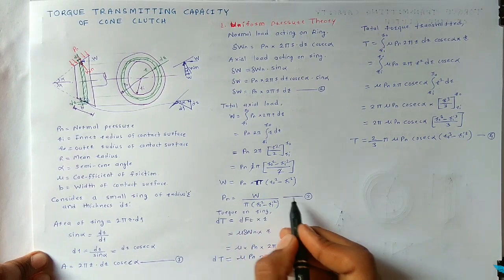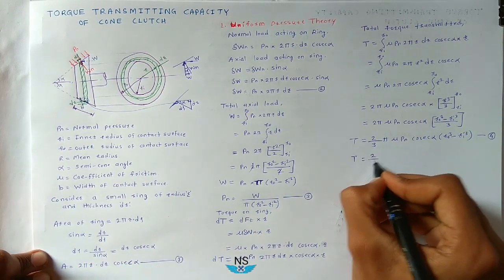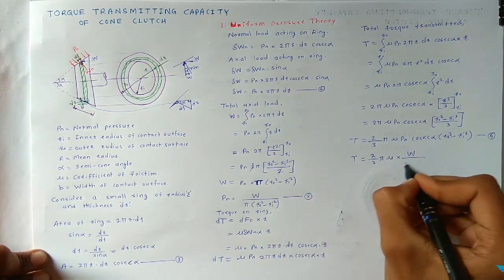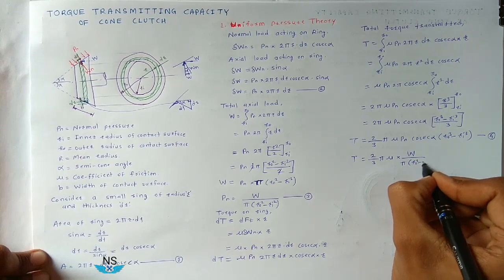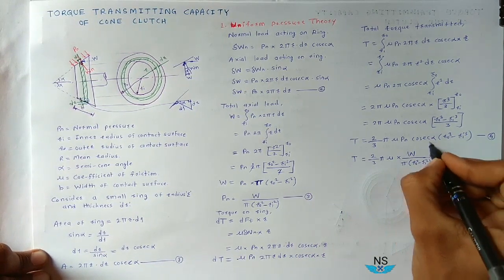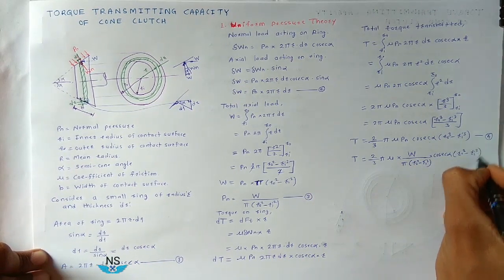Now from equation number 3, put the value of Pn here: 2 by 3 pi mu into W divided by pi into Ro square minus Ri square, into cosec alpha into Ro cube minus Ri cube.